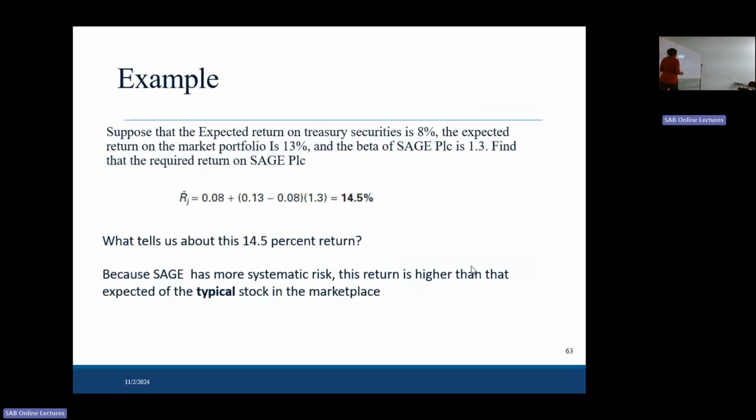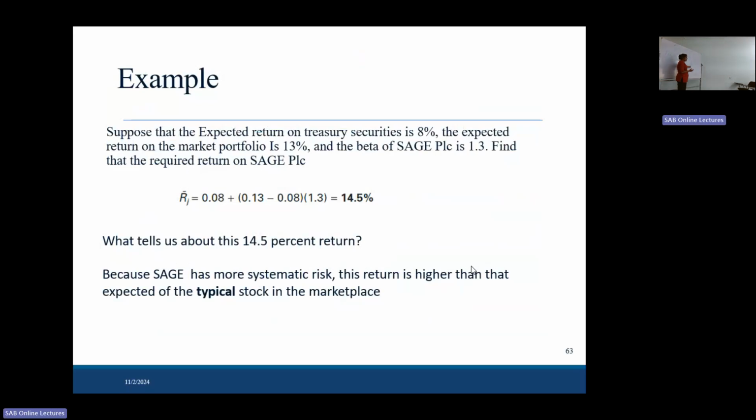One thing I forgot to mention here: the difference between the market return and the risk-free rate, we define as the market risk premium. So what is the meaning of that? This is the premium given per unit of systematic risk in the market.